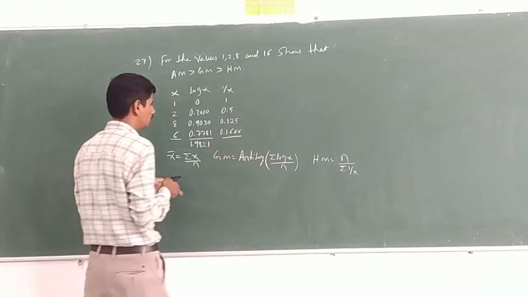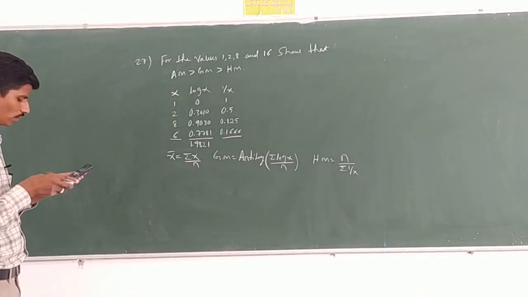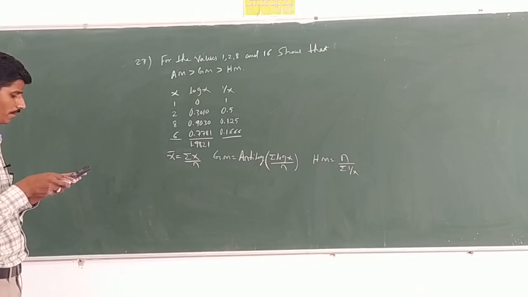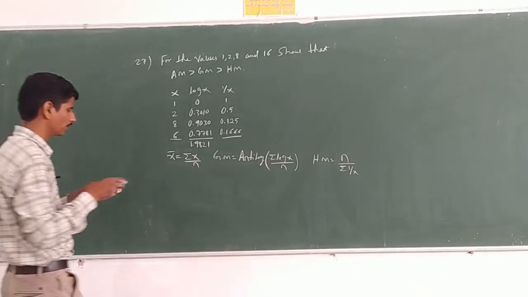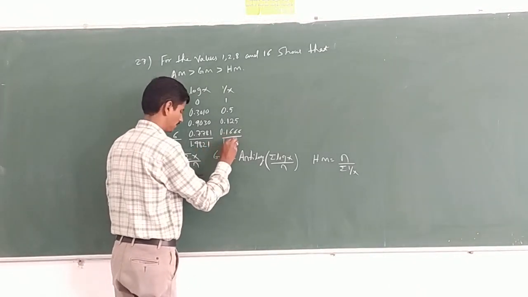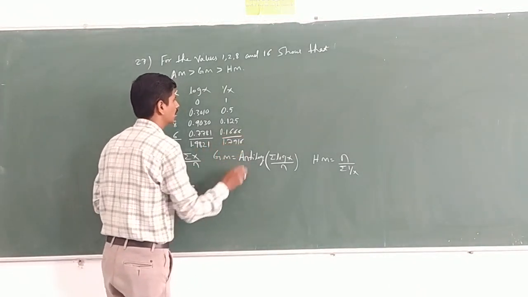Then we have to add all these values: 1 plus 0.5 is 1.5, plus 0.125, plus 0.1666. Then you will get 1.7916. Then substitute the values.